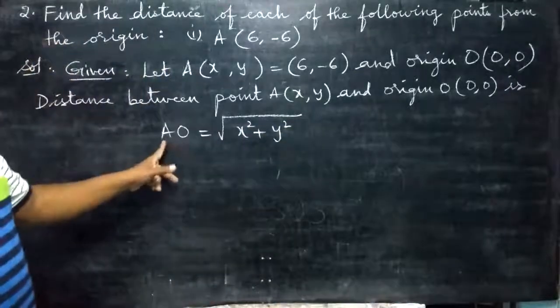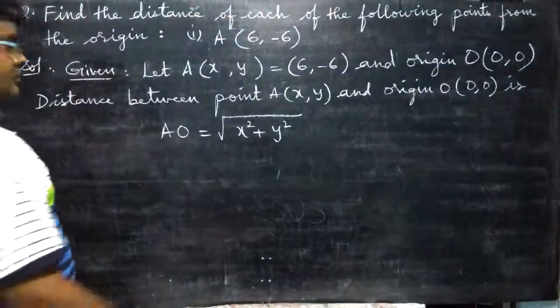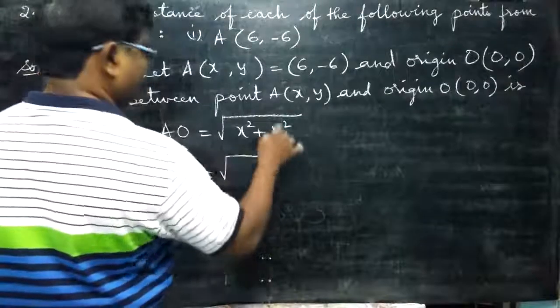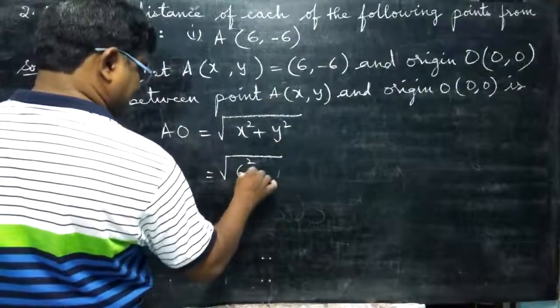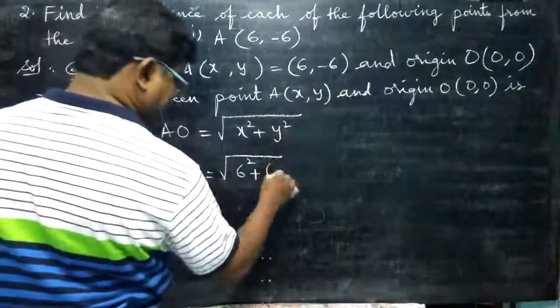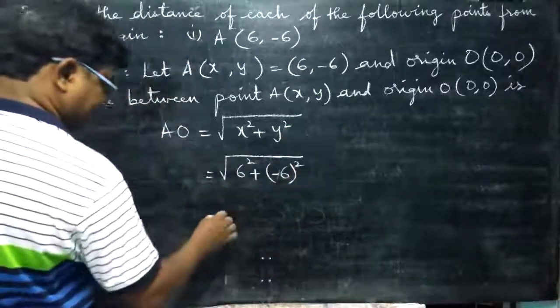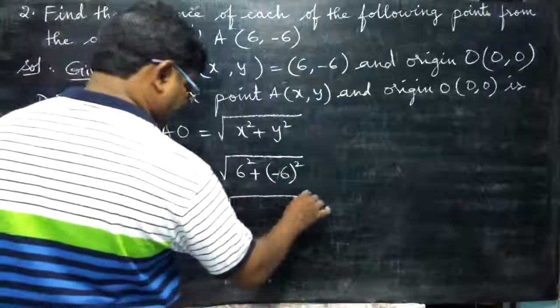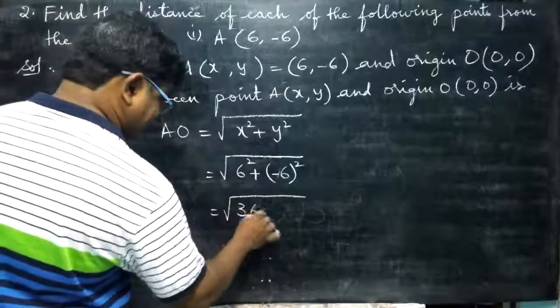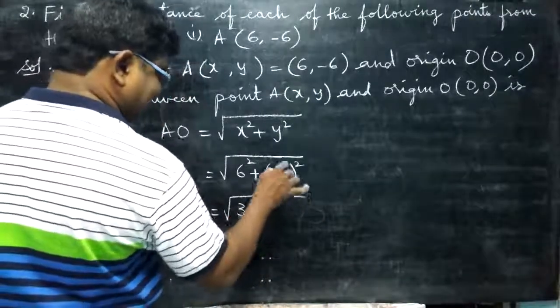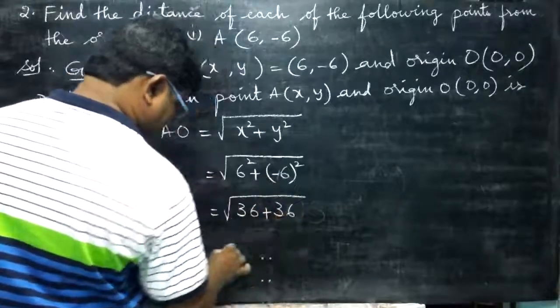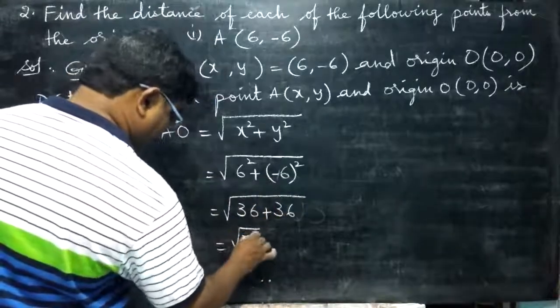AO or OA, both are the same. That is equal to square root of 6 square plus (minus 6) whole square. You have to keep the bracket because the square applies to the minus also. 6 6s are 36 plus 6 6s are 36. If you add, 72 will come.